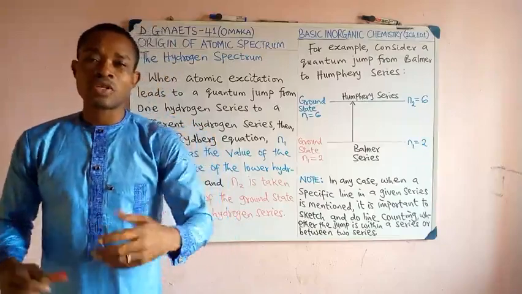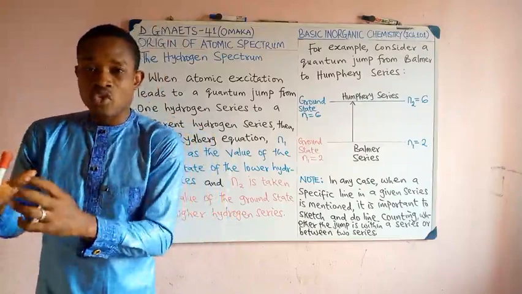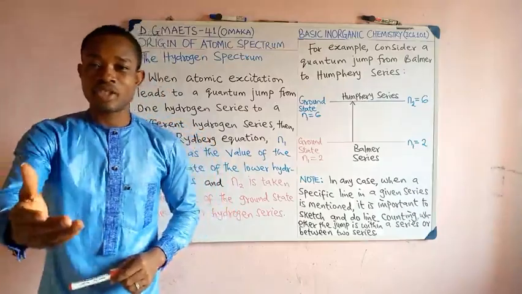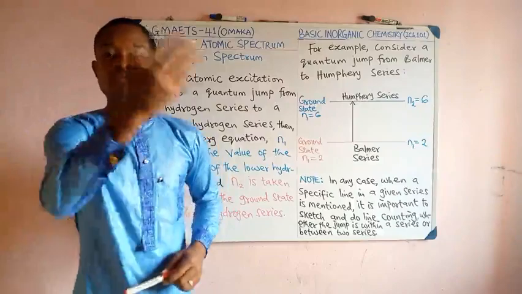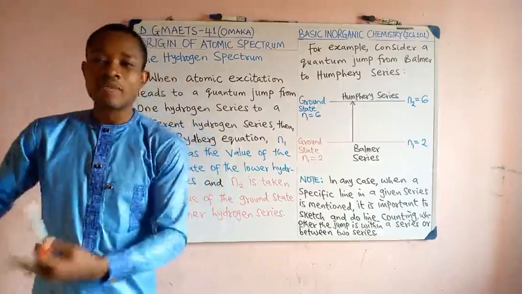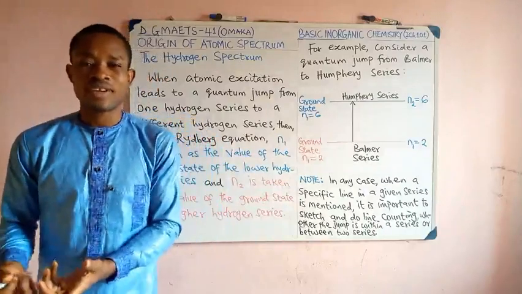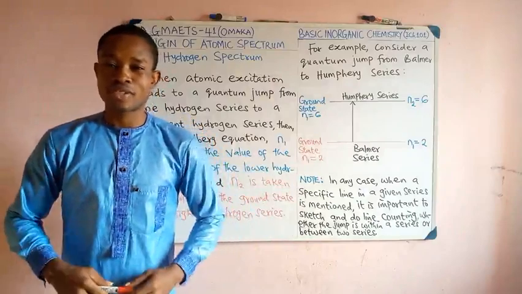In this video, I want to consider a situation where this electron now moves from one series to a different series entirely. Just imagine a quantum jump from Balmer's series to Humphrey's series, or from Lyman's series to Paschen's series, or from Lyman's series to Brackett series. How do you handle such a situation?